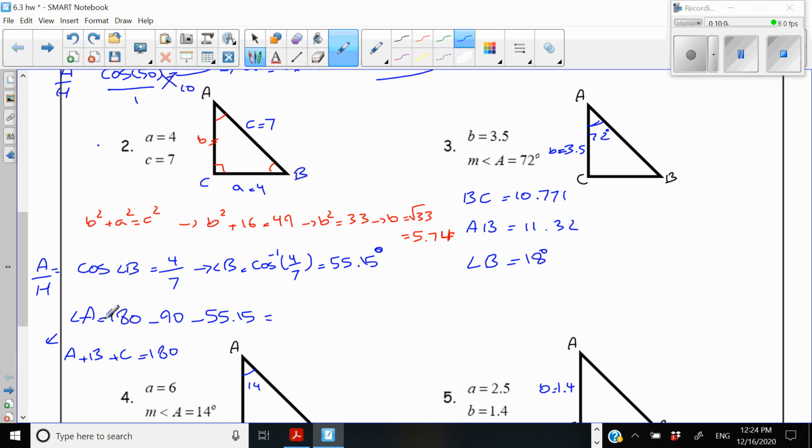So if I subtract all these, I'm going to get 34.82 degrees for angle A. So I found angle A, angle B, and also side B. Once again, instead of writing B, you can also write AC. That's the other way to name the sides.